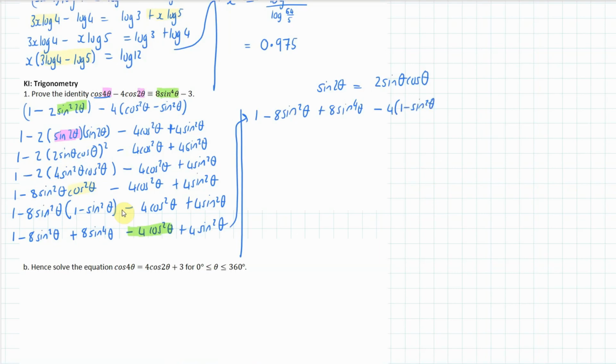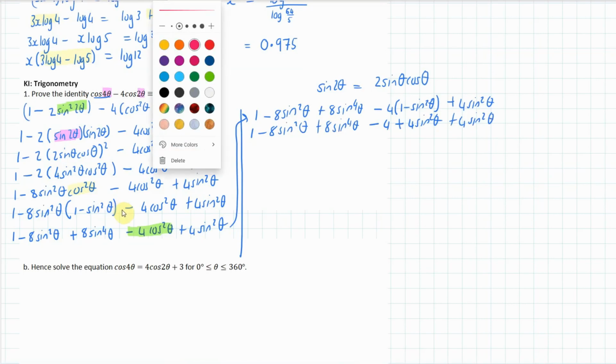So I'm changing that cosine squared theta into 1 minus sine squared theta plus 4 sine squared theta. And now you can see, well, we're pretty much there. 1 minus 8 sine squared theta plus 8 sine 4 theta minus 4 plus 4 sine squared theta plus 4 sine squared theta.